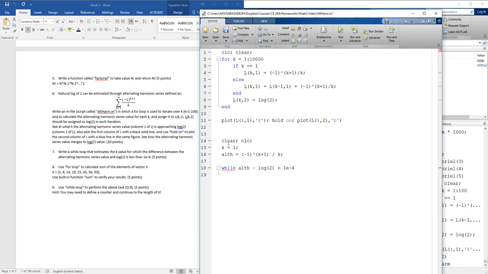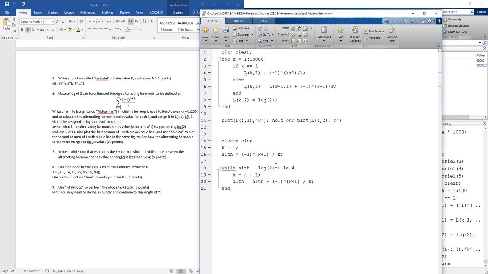Now, k was 1, we calculated alt h. Now we make k equal to k plus 1, and we calculate alt h again. So alt h is basically previous alt h, whatever it was, plus the new element. Since k is increasing, this new element represents the new k values.